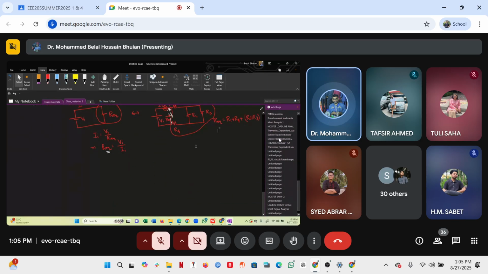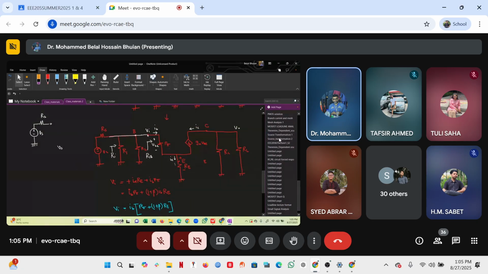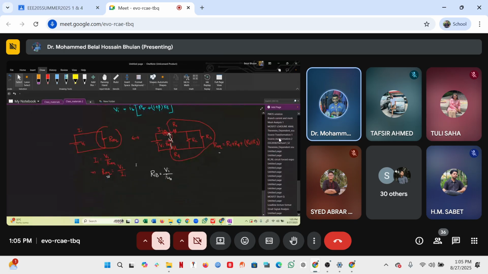Then Rib will be simply Vi divided by Ib. Isn't that the voltage between the terminal from ground up to the point Vi, and the current flowing is Ib. So the equivalent resistance would be simply Vi divided by Ib according to this logic.